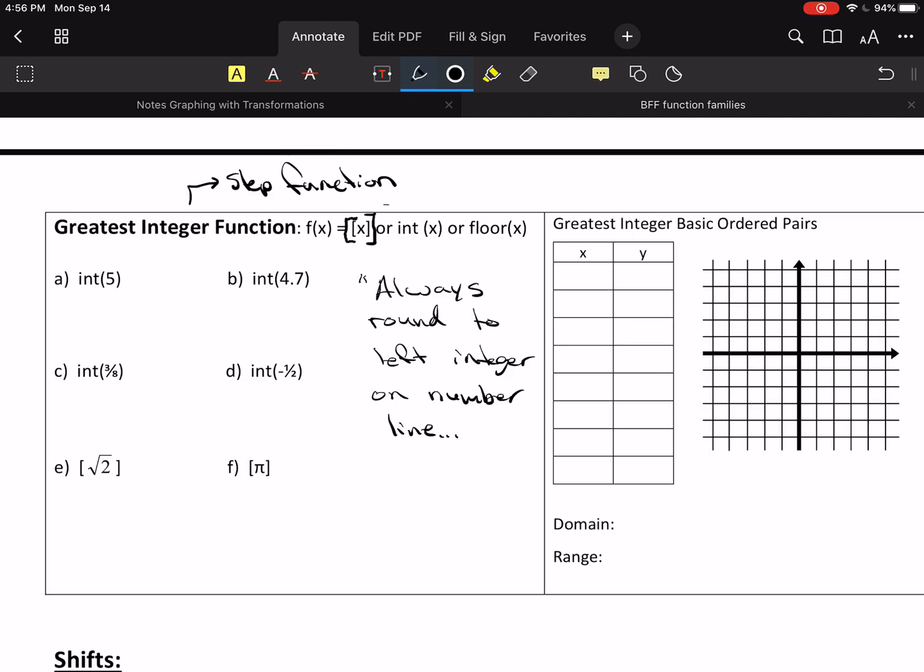Meaning I'm always going to round down. So for these problems, I'm going to draw out the number line so we can see what's to the left of it.